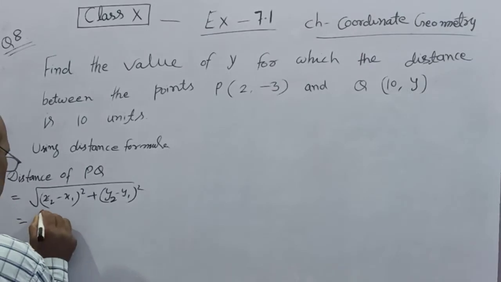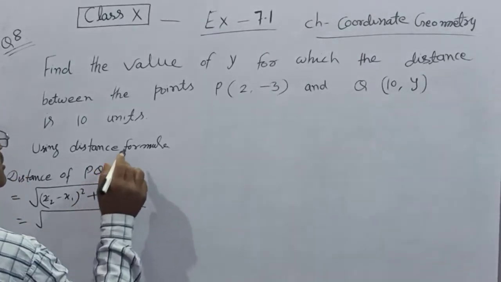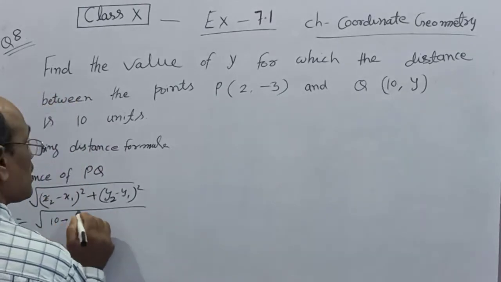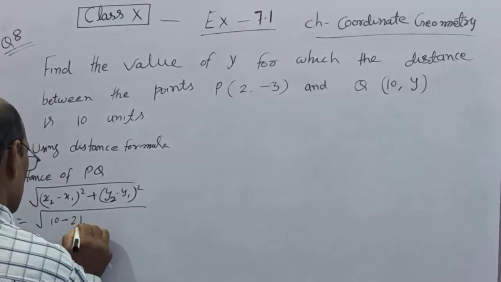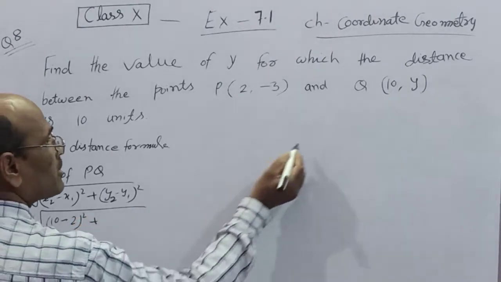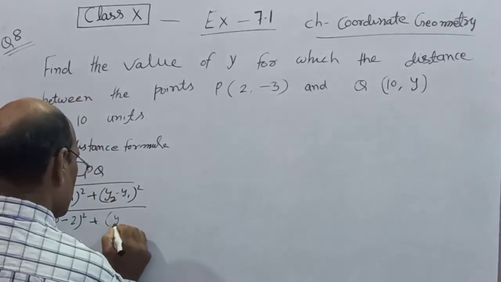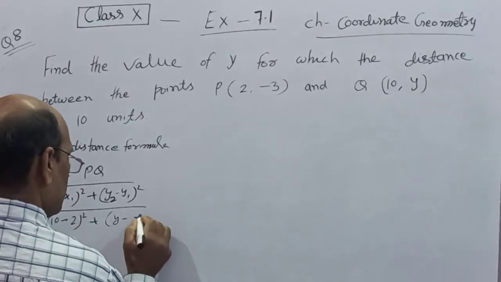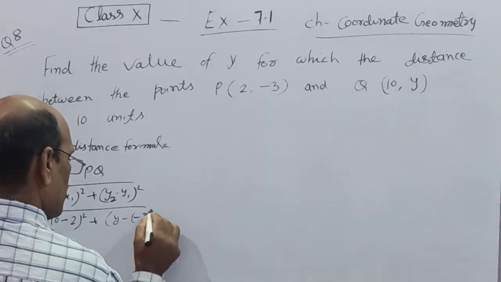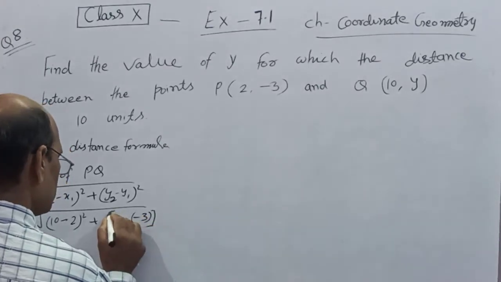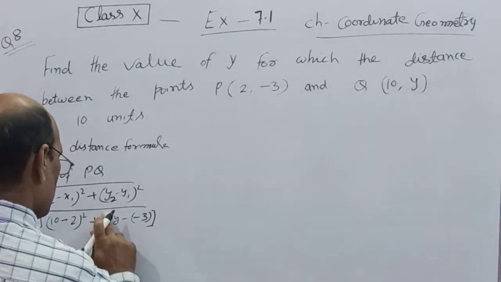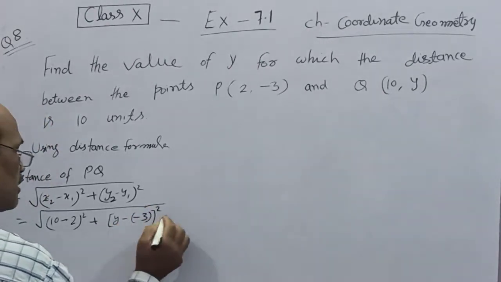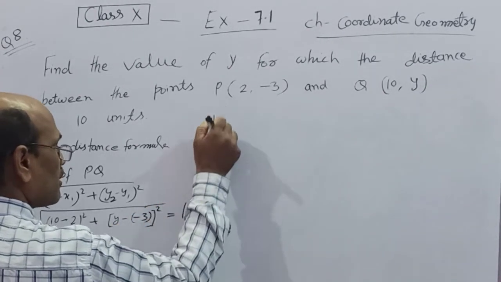In this formula we have to put the values: x2 is 10 minus x1 is 2 whole square, plus y2 is y minus y1 is minus 3 whole square. Okay, and opening the bracket, it will be equal to 10, right?